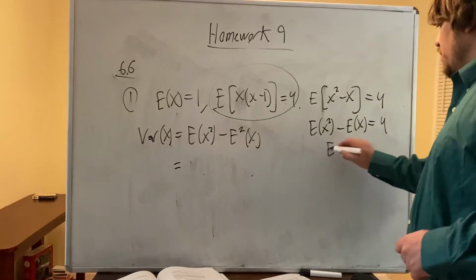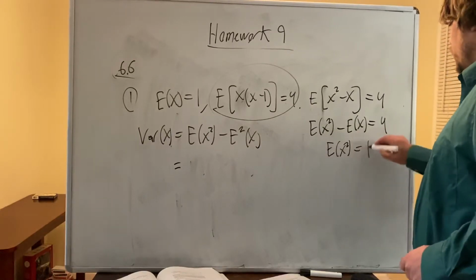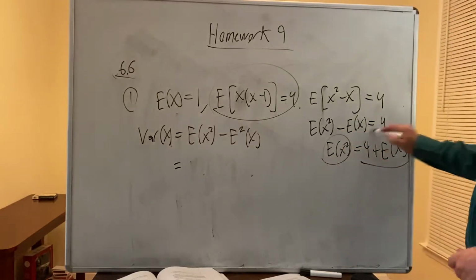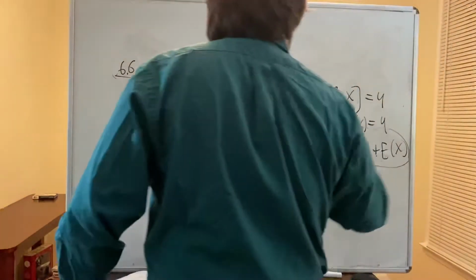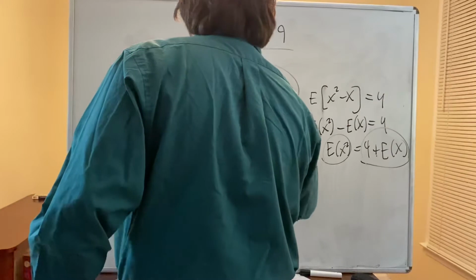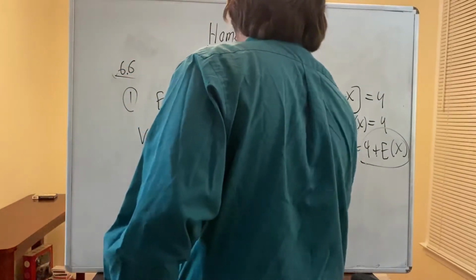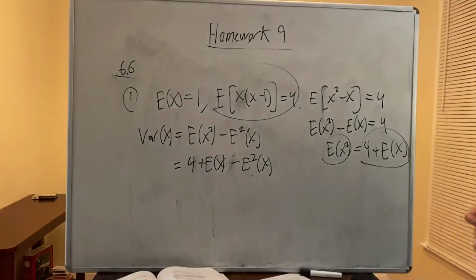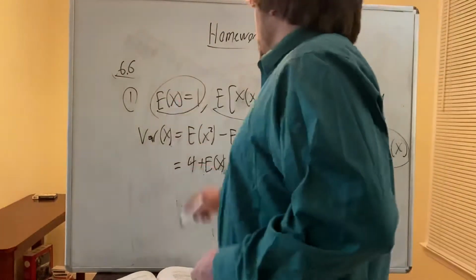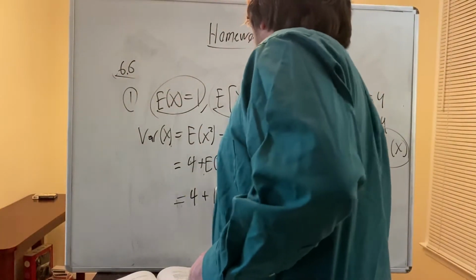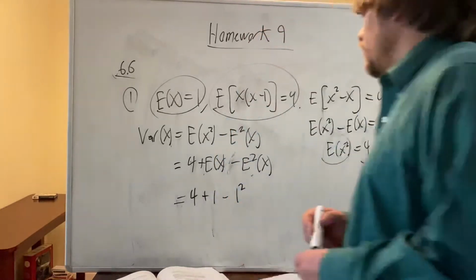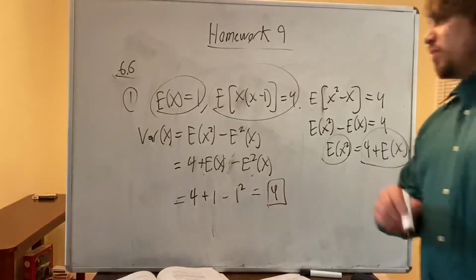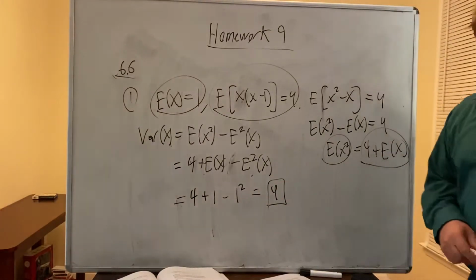This means that E of X squared is equal to 4 plus E of X. So I can substitute 4 plus E of X for E of X squared, and subtract E squared of X. Well, E of X is 1, so that's just 4 plus 1 minus 1 squared. So this is 5 minus 1, which is 4. The variance of X is 4.